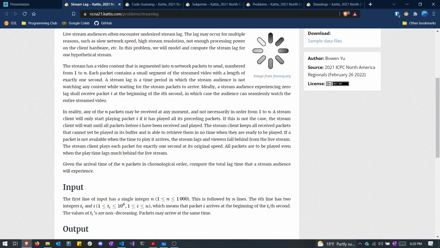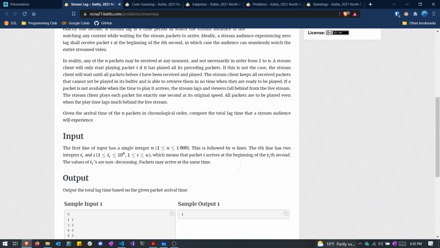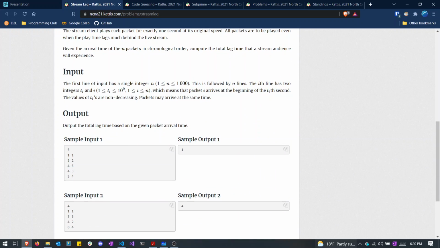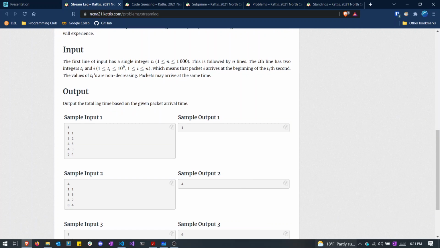And so basically, you're given a list of all the packets and at what point in time they arrive to your PC, and you have to figure out how many seconds of lag there will be if it tries to play them in order starting from second 1. So basically, the input is, the first line is the amount of packets that there are.